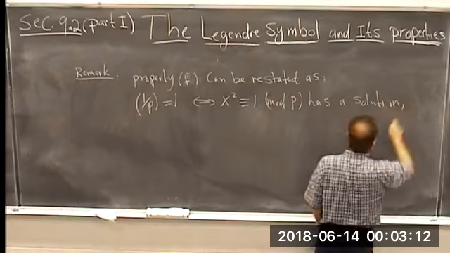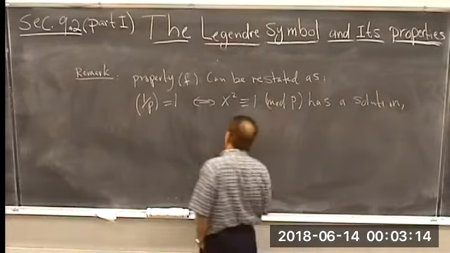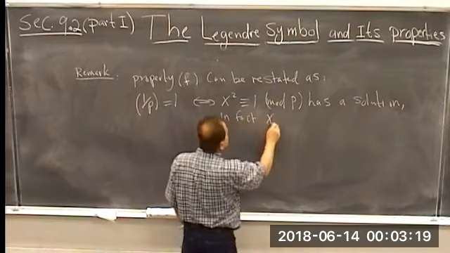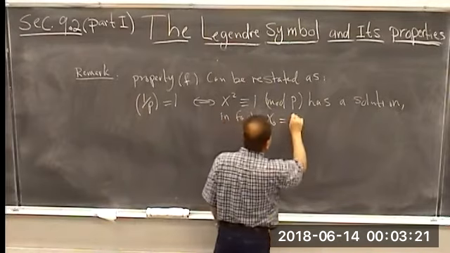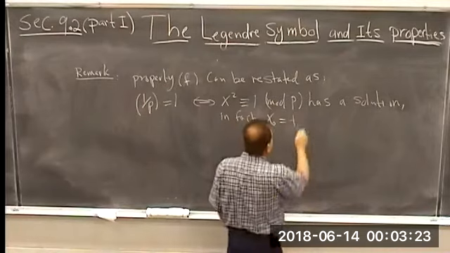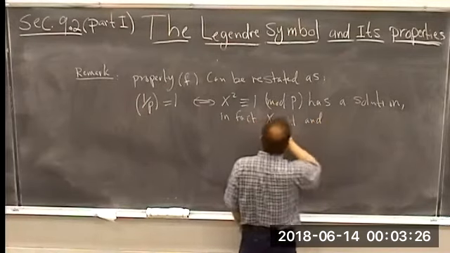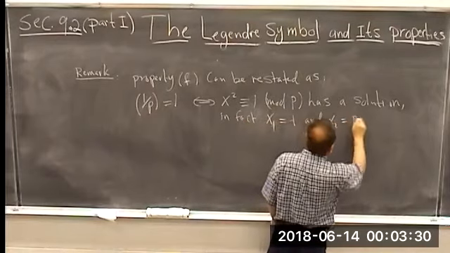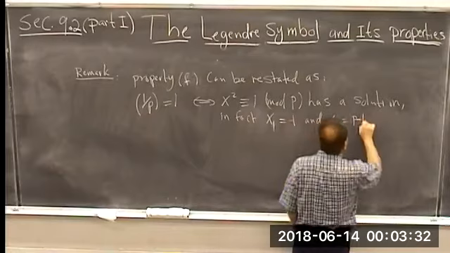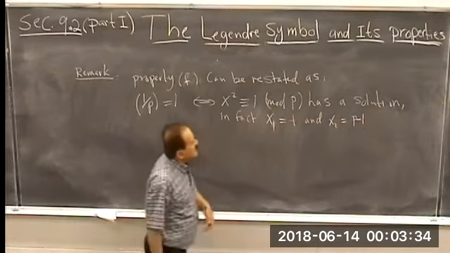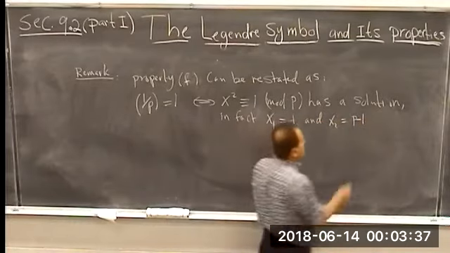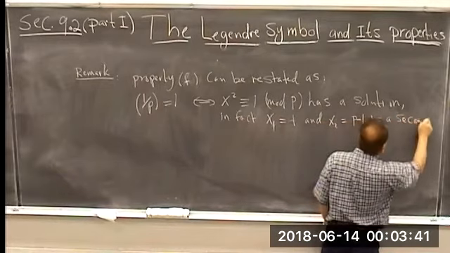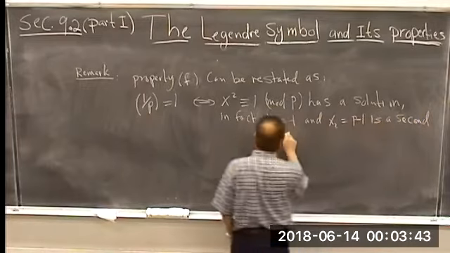Quadratic residue. And in fact, we can do a little more. In fact, x sub 0 equal to positive 1, and we call this x1. And x2, in general, p minus 1, is also a solution, the second incongruent solution.